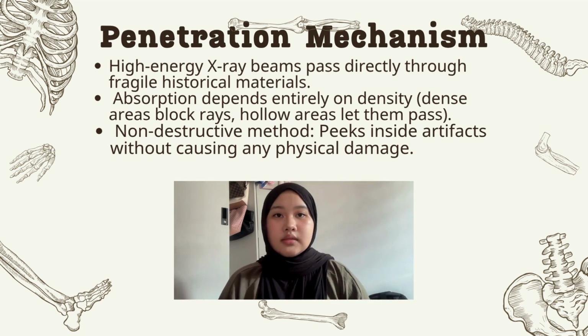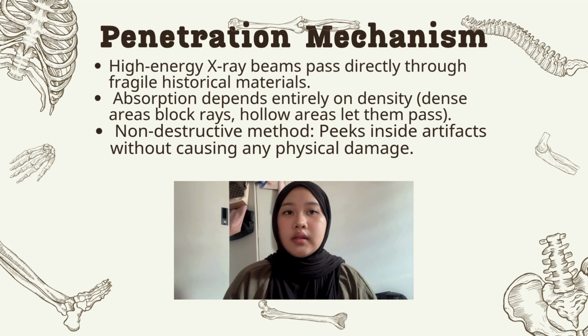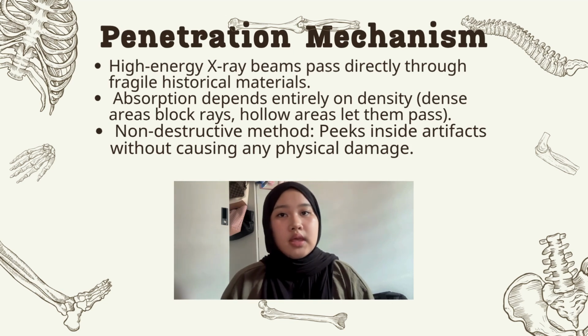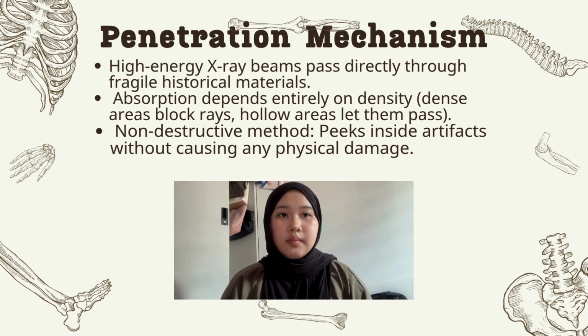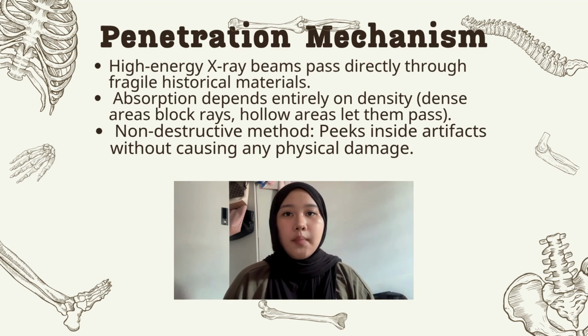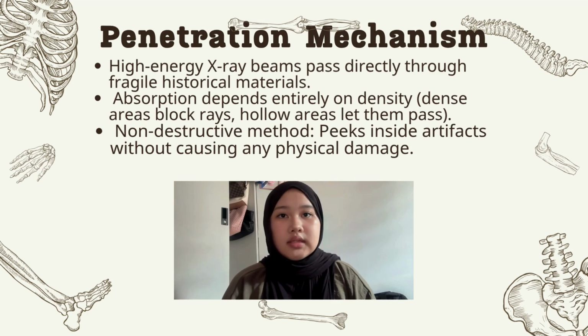The most important thing about this mechanism from an archaeological standpoint is that it is completely non-destructive. We can peer deep into the internal matrix of a highly fragile, thousands-of-years-old object without scratching, opening, or damaging its delicate physical structure in any way.